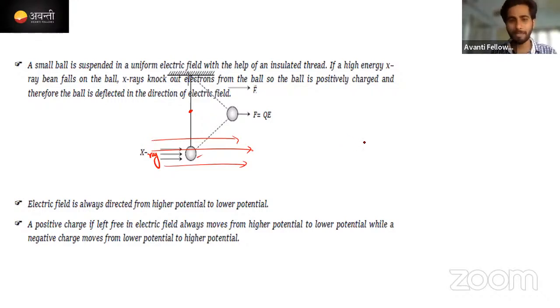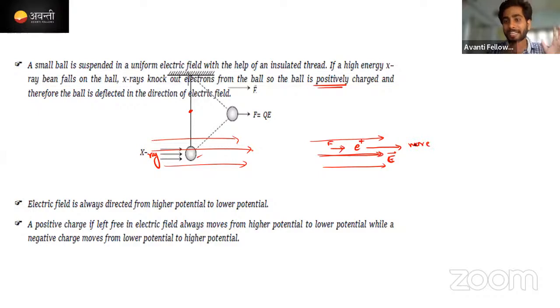It's simple. If the electric field I apply is in this direction, this is the electric field direction. Here they are talking about the ball only, right? Suppose this is a positive charge, and these are electric field lines. If I apply any force on the positively charged particle, the proton, it will move in the direction of the electric field.